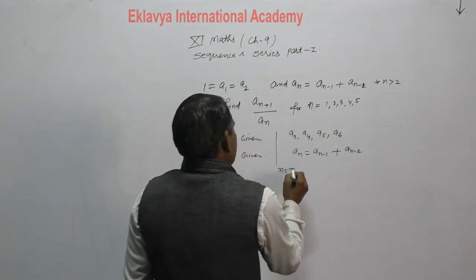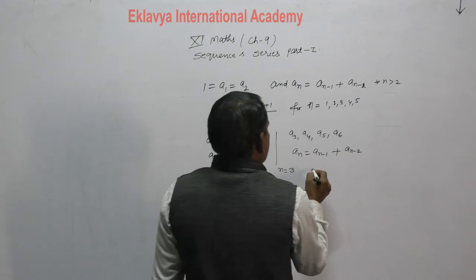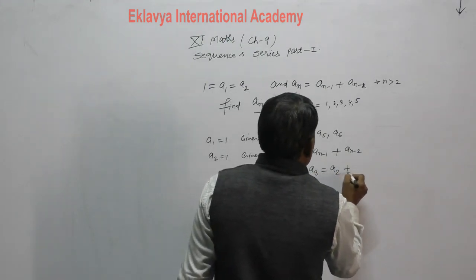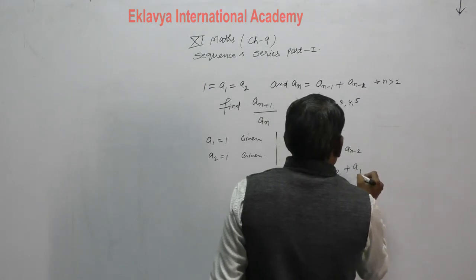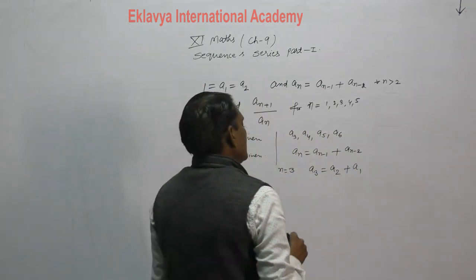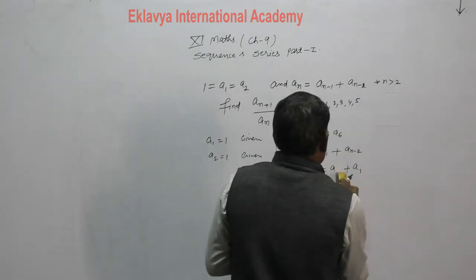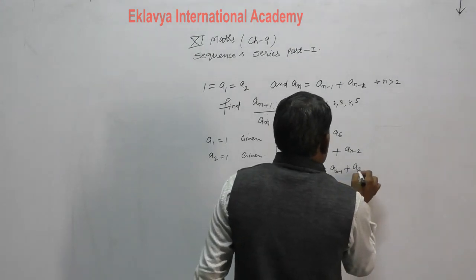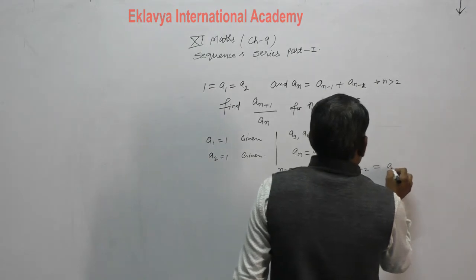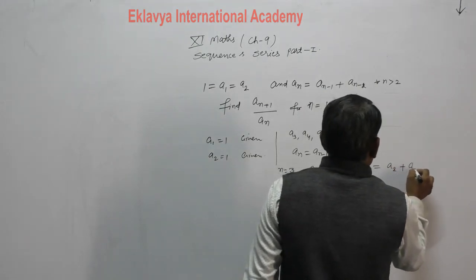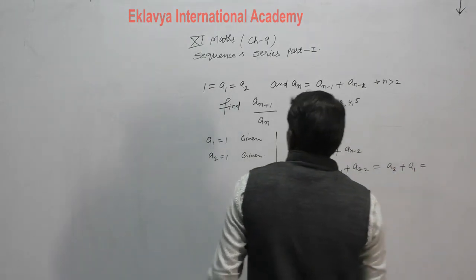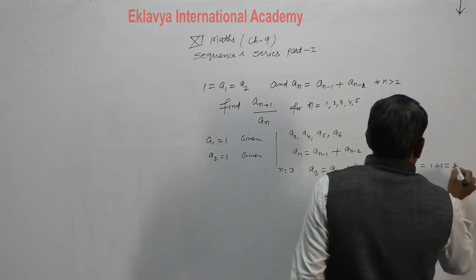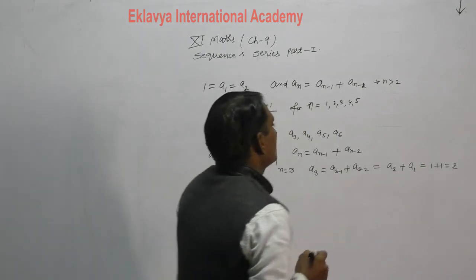Whenever n is 3, this will be written as a3 equal to a3 minus 1 which is a2, plus a3 minus 2 which is a1, right. And you look at the procedure properly once. Thereafter we will write it directly here: a2 plus a1, and the values of a2 and a1 are given, that is 1 plus 1, so the result is 2, right.